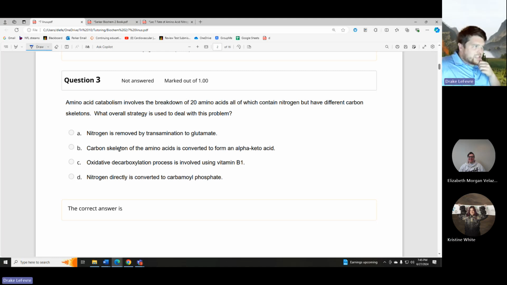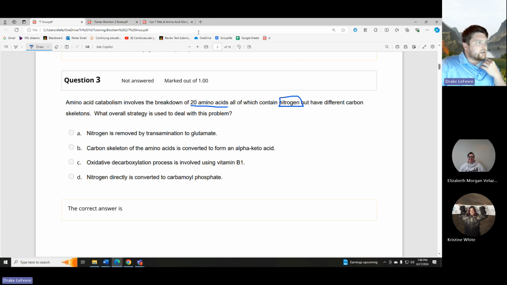The amino acid catabolism involves the breakdown of 20 amino acids, all of which contain nitrogen, but have different carbon skeletons. What overall strategy is used to deal with this problem?